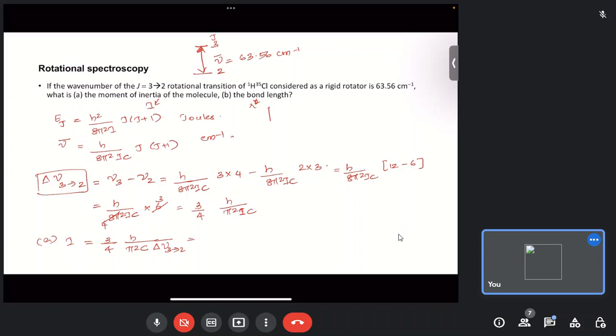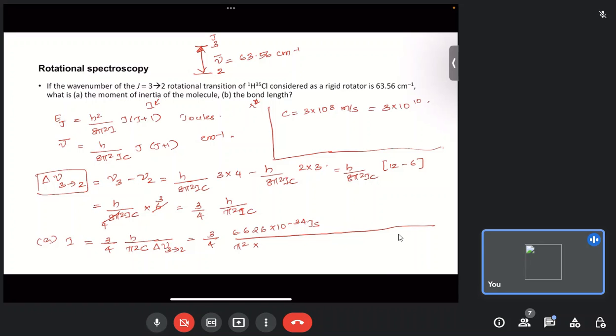Okay, let me write down all the parameters here. 3 by 4, h is 6.626 into 10 to the power minus 34 joule second, pi square, c is 3 into 10 to the power 8 meter per second. This can be 3 into 10 to the power 10 centimeter per second.